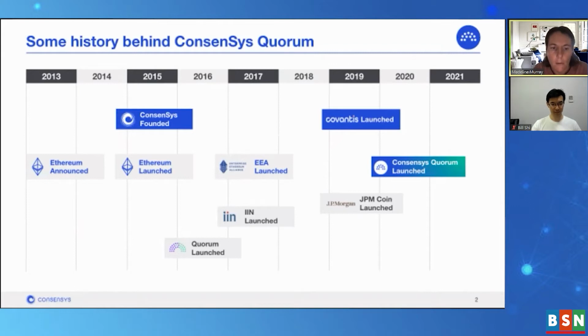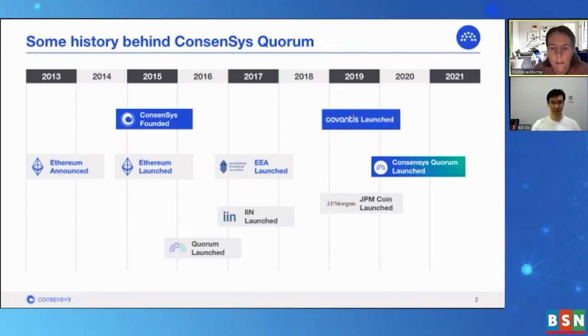JP Morgan went on to launch the IIN network and JP Morgan on Quorum networks, and ConsenSys launched the ConsenSys network in 2019. In 2020, ConsenSys acquired GoQuorum from JP Morgan, and the ConsenSys Quorum brand was launched.